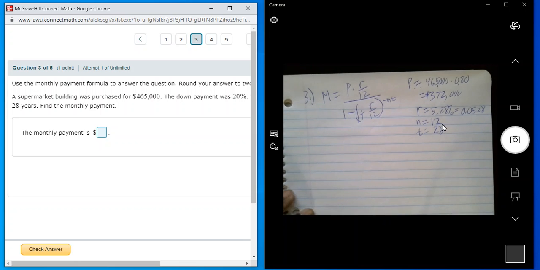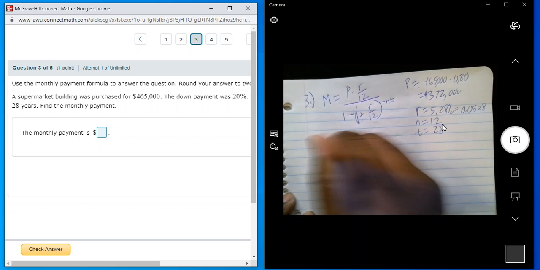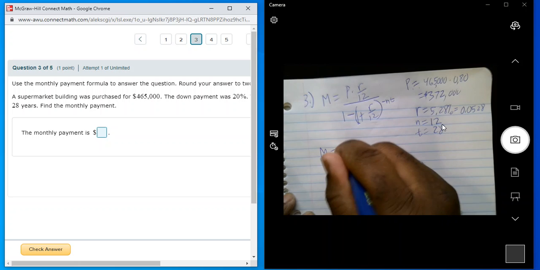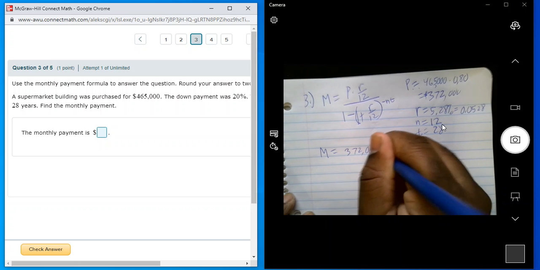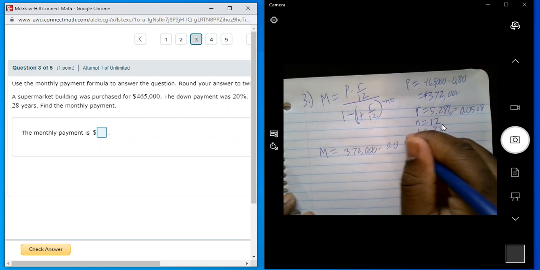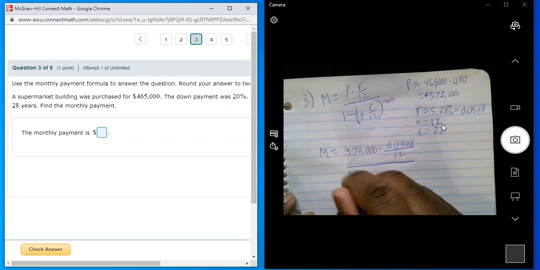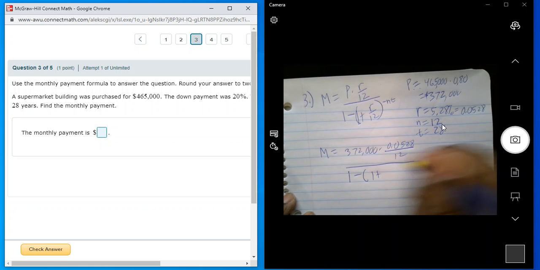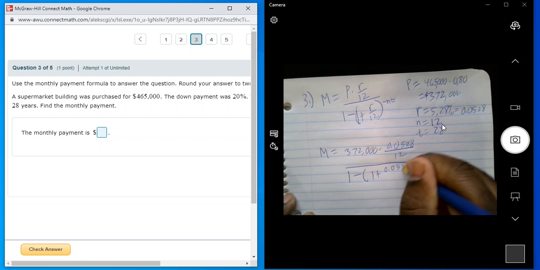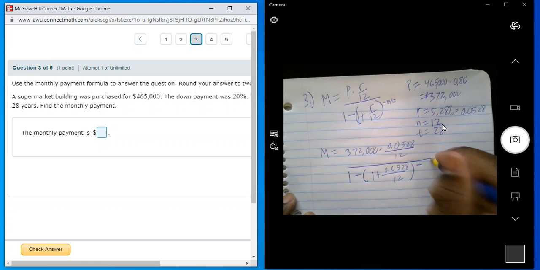So now we go through and substitute. So we will have m is equal to the principal, 372,000, times the rate, 0.0528 over 12, divided by 1 minus 1 plus 0.0528 over 12 to the negative.